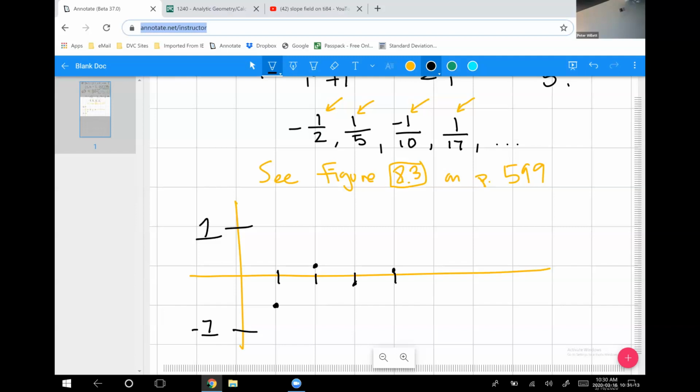And what you can see is that even though the values are oscillating between being positive and negative, going above and then below the axis, if you considered either set by itself on both sides, you have a function that's shrinking down to 0.